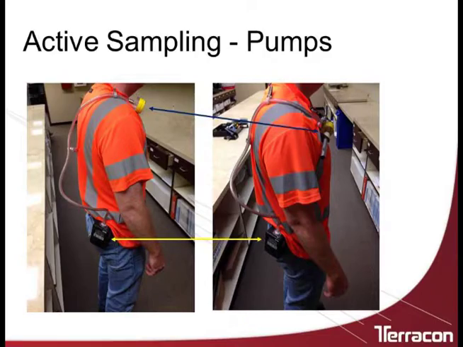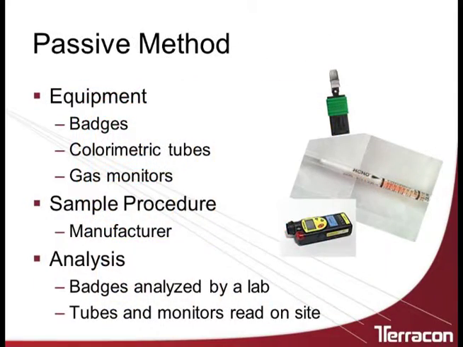In the passive method, you've got badges, and typically in the badge, you would slip this down. That exposes the activated charcoal or the media to the air, and passively, through air currents, the contaminant would be deposited on that particular badge. You then also have colorimetric tubes, and this one is for formaldehyde, so you'll see a color change.